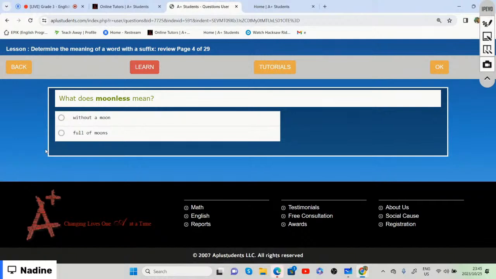All right, so if we look at moonless, remember we said the word less means without, right? So which means that moonless is without a moon.